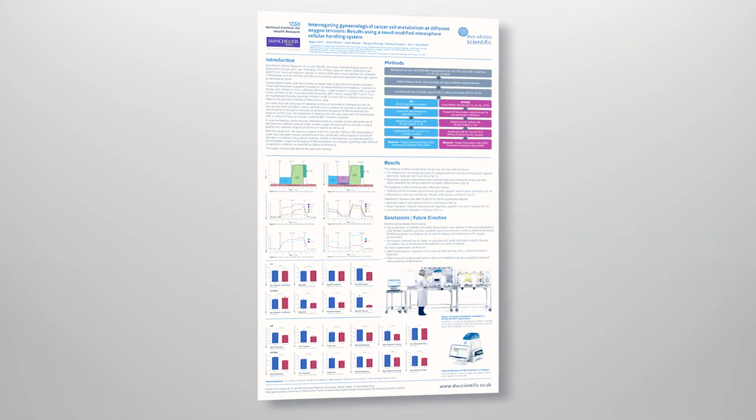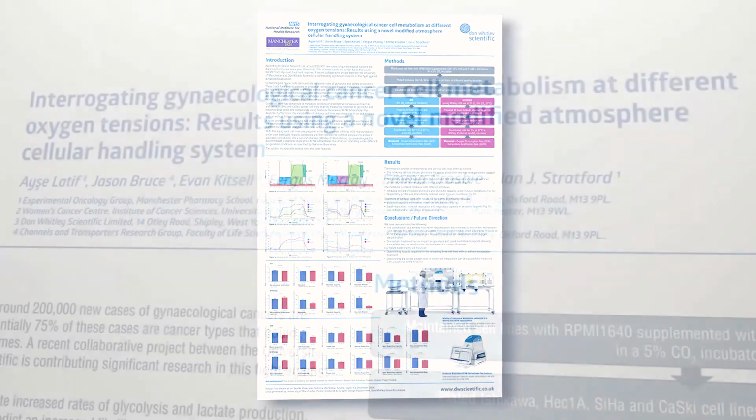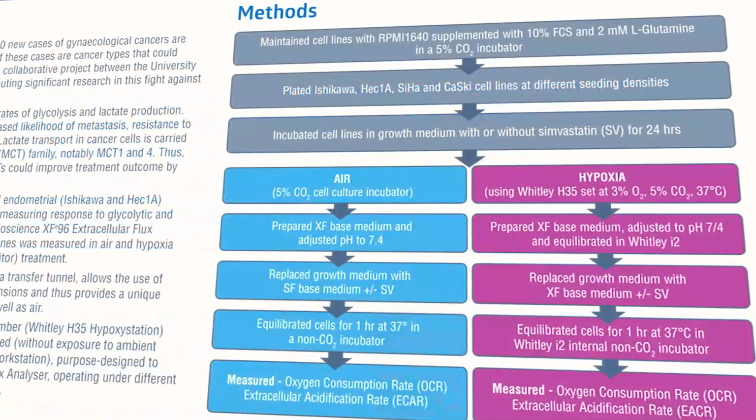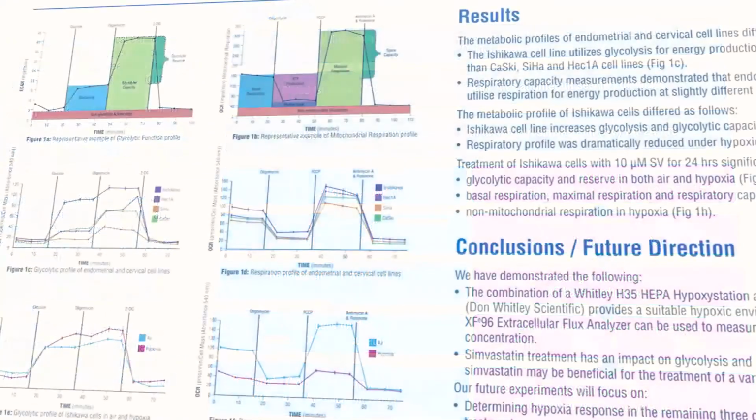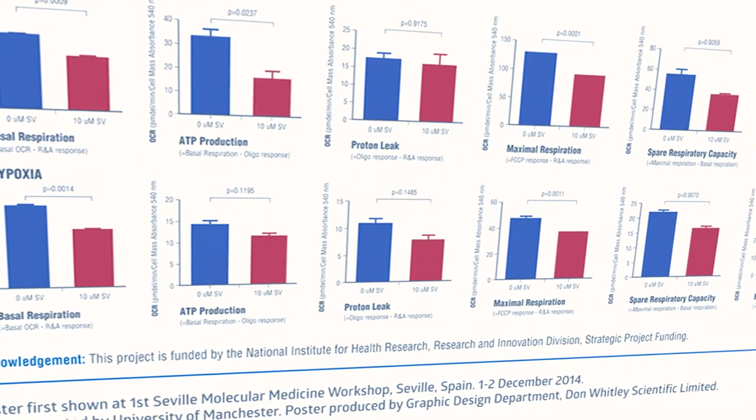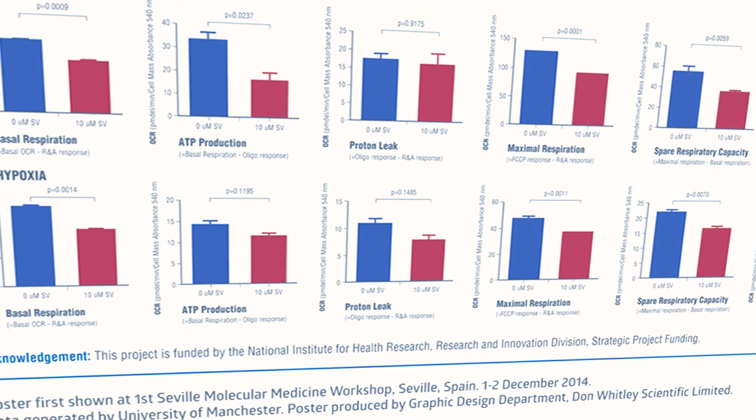Our work using the Don Whitley's hypoxia workstation includes profiling of the gynecological cancer cell lines in order to determine their glycolytic capacity under the treatment of the glycolytic stress test compounds that you can get from Seahorse Biosciences. By using these compounds in combination with our cell lines, we have been able to actually identify possible glycolytic inhibitors which would improve the treatment outcome in these patients.